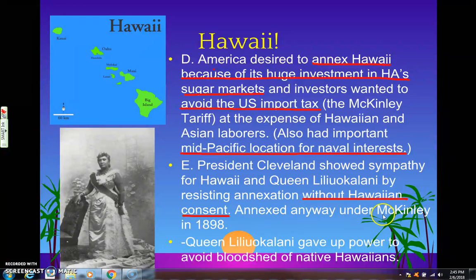However, McKinley in 1898 becomes much more aggressive, and they are annexed anyway during that time period. And the Hawaiian Queen gives up power essentially to avoid bloodshed. She does not want to see her native people killed in a violent attempted overthrow, and that is sort of the story of how we come into possession of Hawaii.